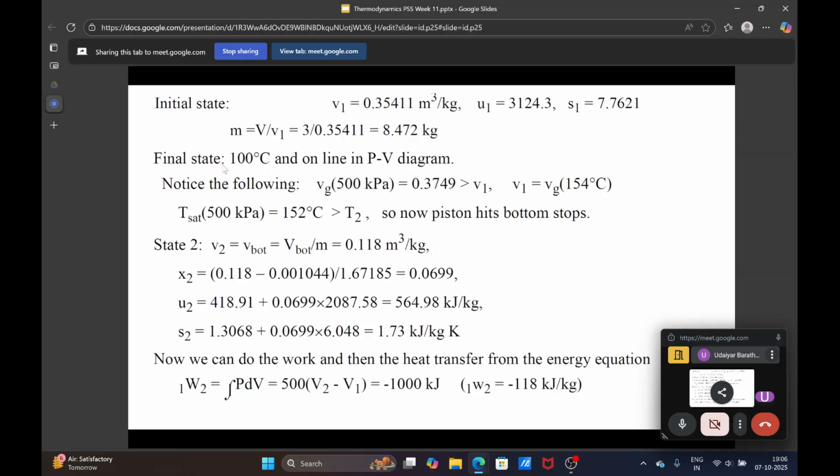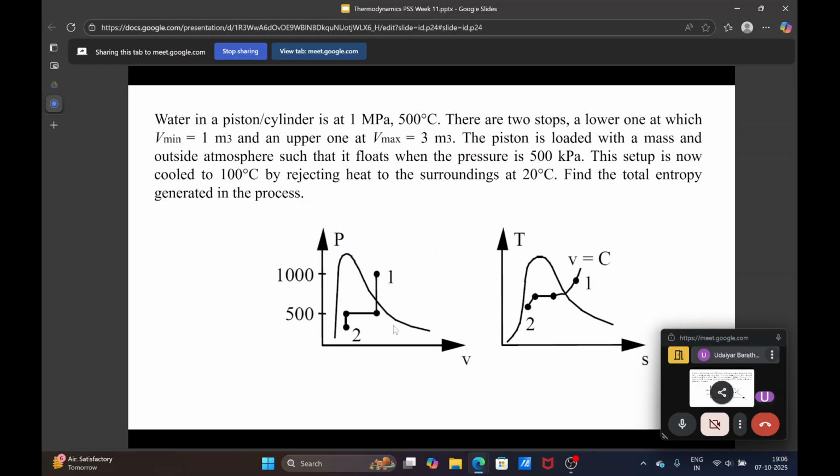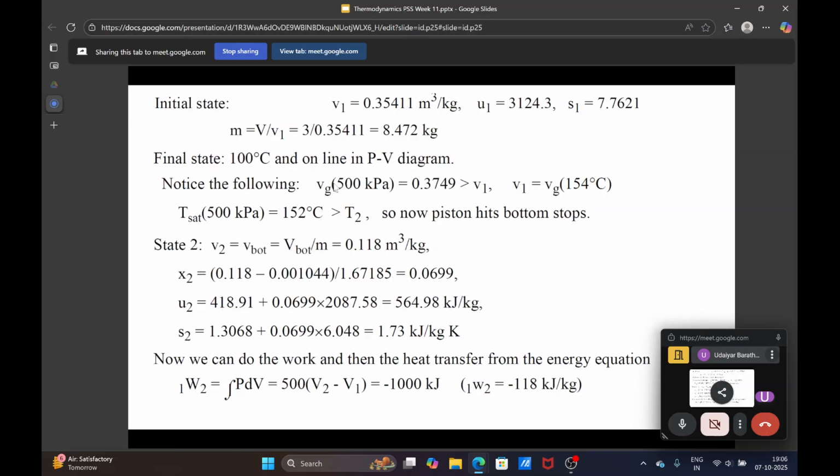Next, we need the final state, which is at 100 degrees Celsius. Corresponding to the intermediate states, 1 dash and 2 dash, for example, we get vg at 500 kilopascal as 0.3749.